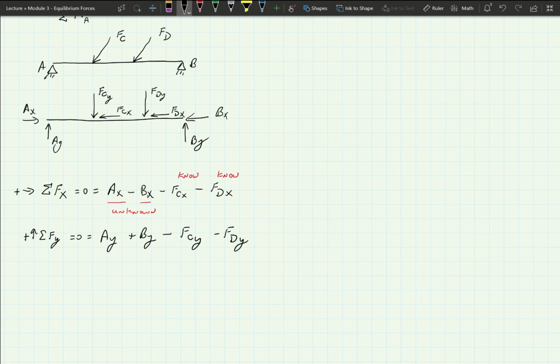Okay, well, we will, whoops, let's do it in red. We will know this because we're going to get those from the components of the forces based on the angles. But then we still don't know the unknowns. Okay, so in a normal problem, we'd go to the sum of the moments now.